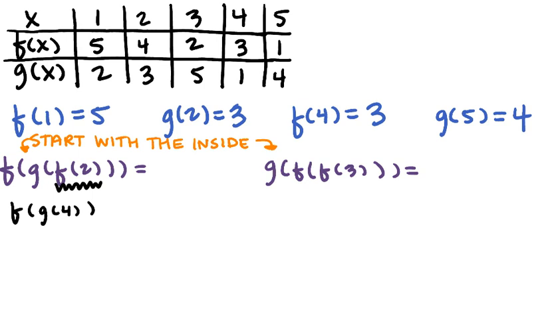Now I need to look at g of 4. g of 4 is going to be 1. So now I have f of 1. And f of 1 is 5. So f of g of f of 2 is equal to 5.